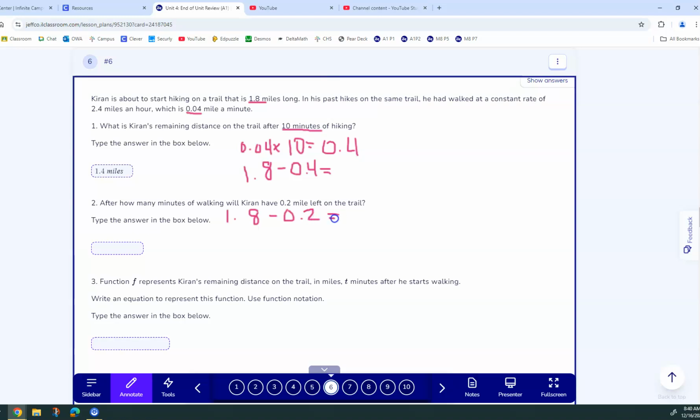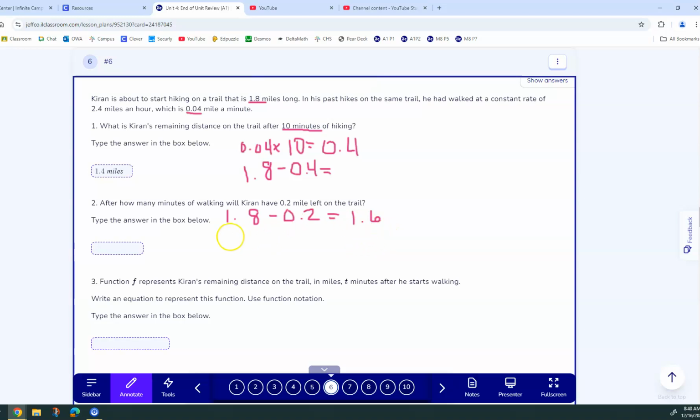See, I can do this in my head. So he's traveled 1.6 miles of the trail. He's gone that far, and we're going to figure out how long it took him to go that 1.6 miles.